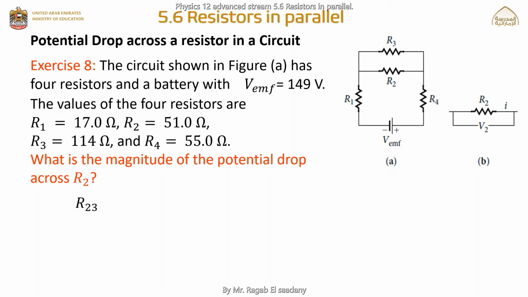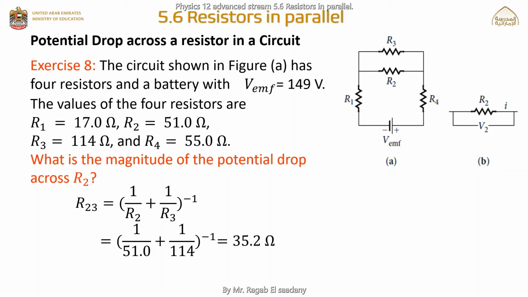R2 and R3 are in parallel connection, so R23 equals (1/R2 plus 1/R3) to the power minus 1, equals (1/51 plus 1/114) to the power minus 1, equals 35.2 ohms. So R equivalent equals 17 plus 35.2 plus 55 equals 107.2 ohms.